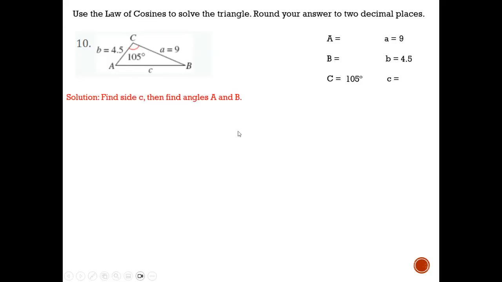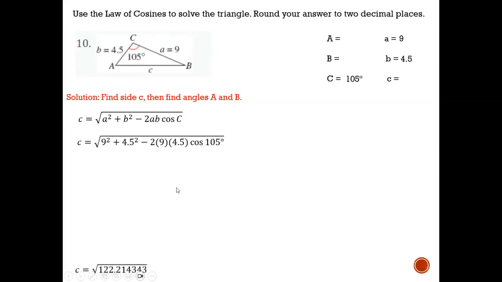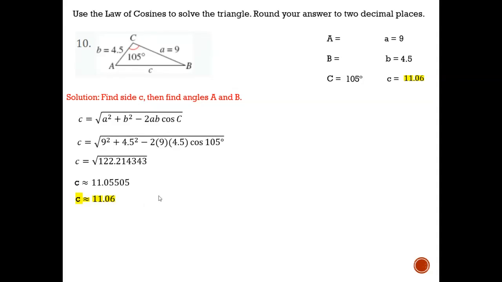The way I set this one up, we're going to start with finding side C. I plug in everything else that I have: a, b, and angle C. Plugging everything in and taking the square root of everything inside, I get 11.05505, which rounds to 11.06. Side length C is 11.06.